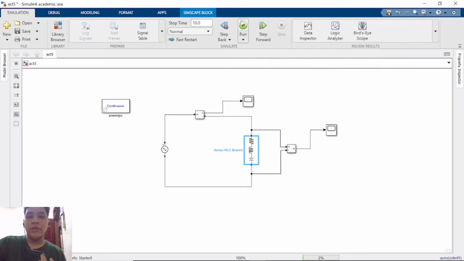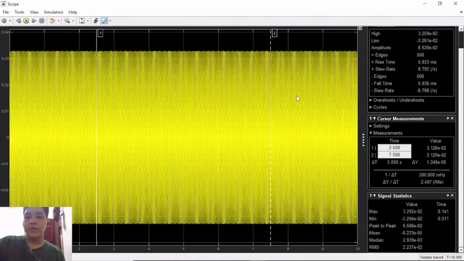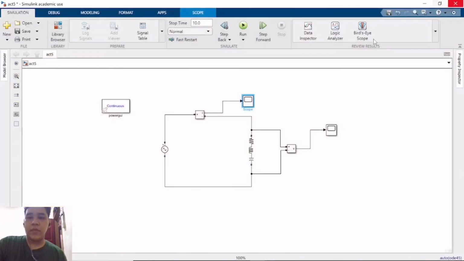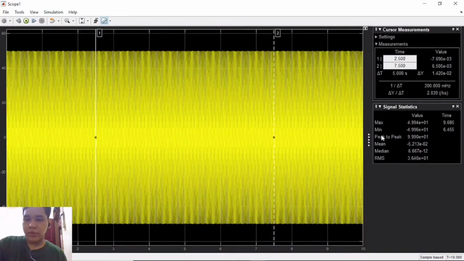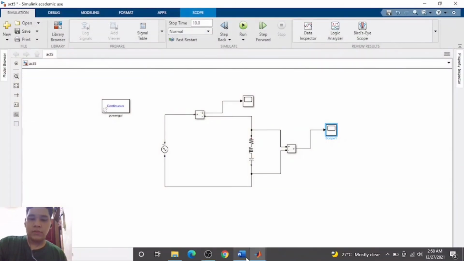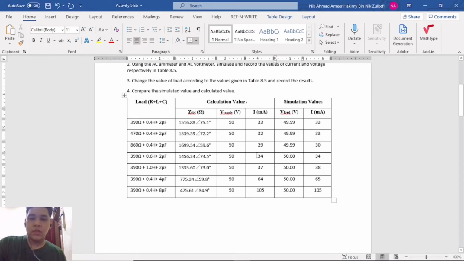And when we run it, we need to double click the scope to see the value. For the current, which is the ammeter, the value is 3.29, and the value we got for voltage is 4.99.